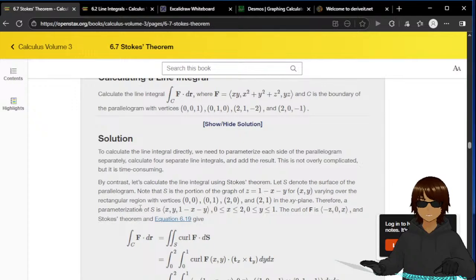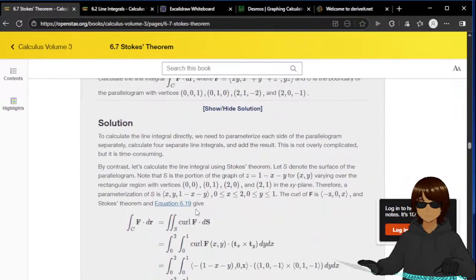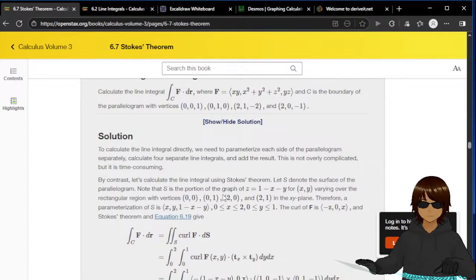Therefore, a parameterization of S is (x, y, 1 minus x minus y), with x from 0 to 2 and y from 0 to 1.